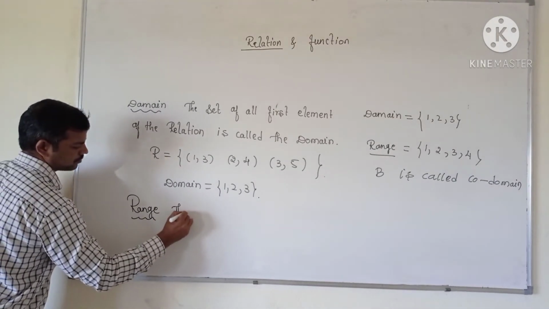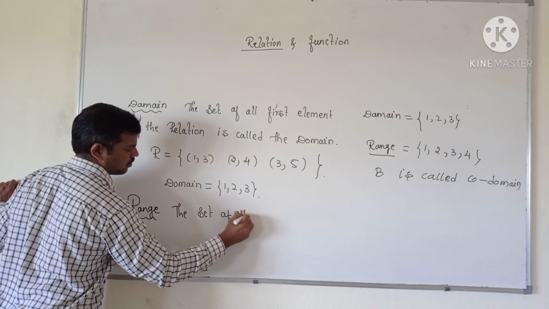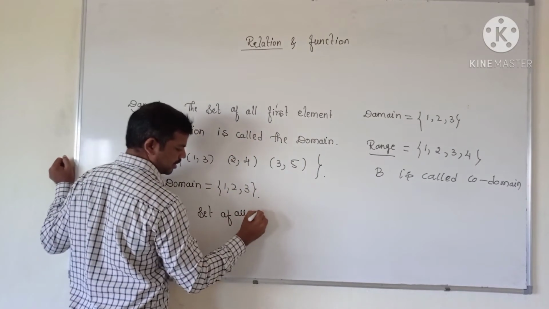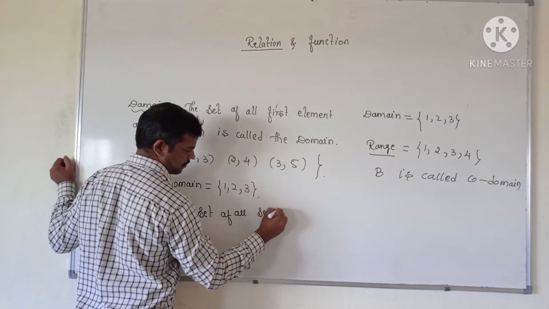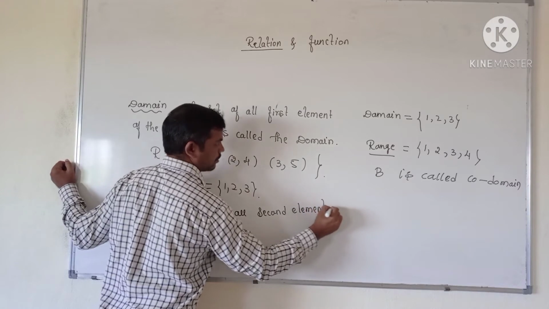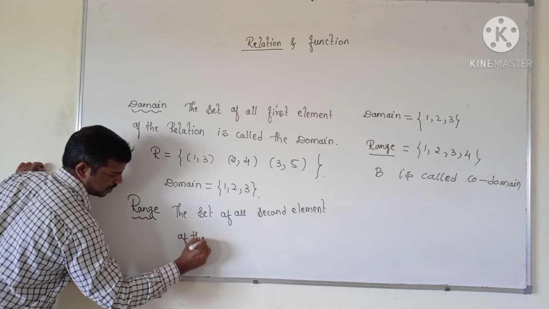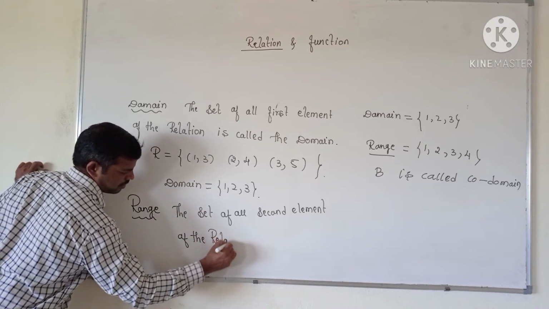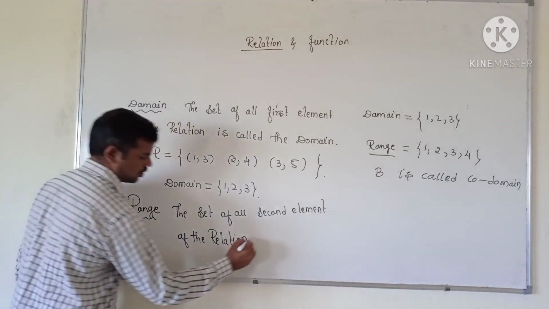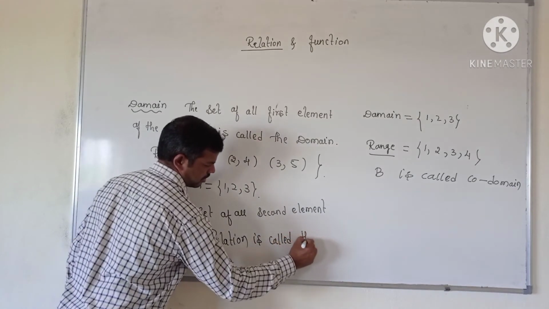The set of all the second elements, or images of the first elements, of the relation is called the range.